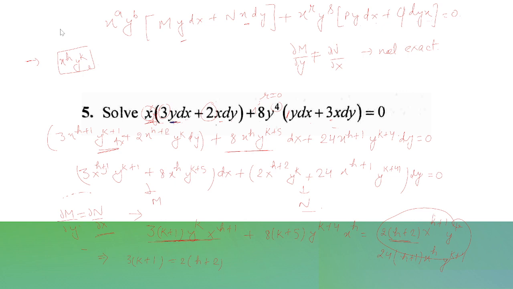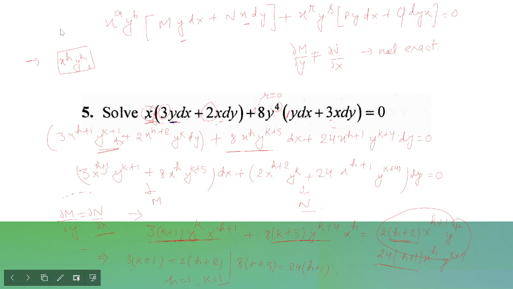Similarly, equating the other terms, the second one is 8 into k plus 5 equal to 24 into h plus 1. By solving we get the h and k values. After solving this, h and k are 1 and 1.